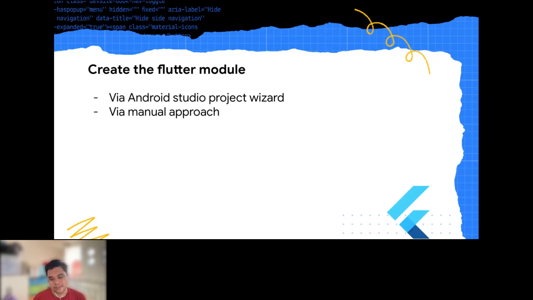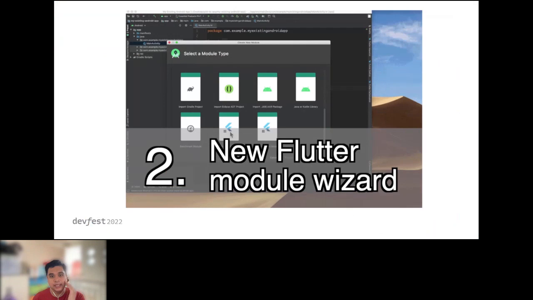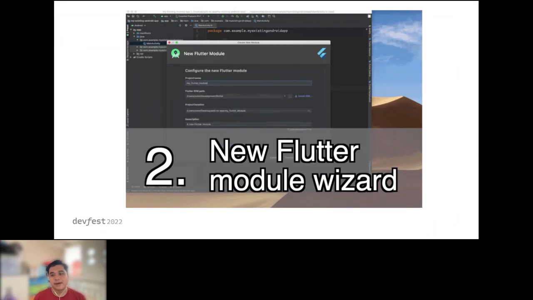As for how we could create the Flutter module, there are two approaches. The first one is to create the Flutter module via the Android Studio project wizard, and the second one is via a manual approach. First, I'm going to show you how we create it via Android Studio.